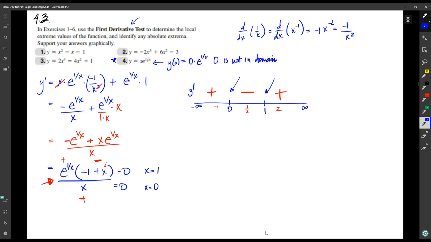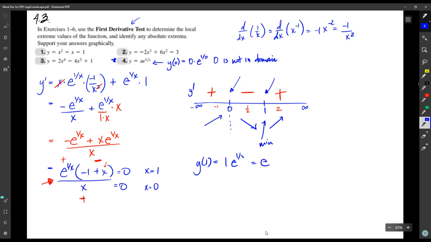And if there's not a point there, it can't be a relative extreme. So let's take a look at this. We have increasing, we have decreasing, although this is at 0, not an extreme value. Then we increase again. So it looks to me like we have a minimum value where x is equal to 1. So what is y of 1? Y of 1 is 1 times e to the 1 over 1.